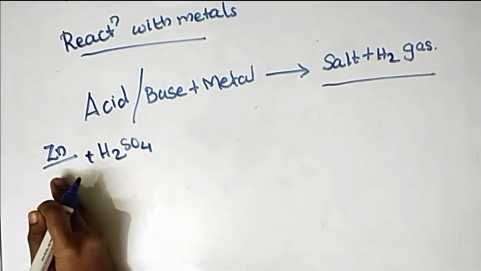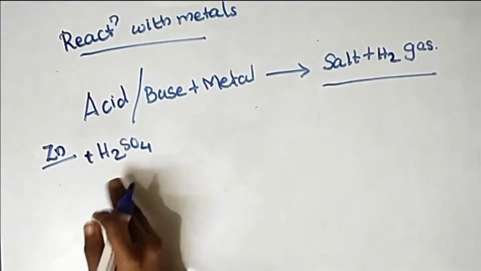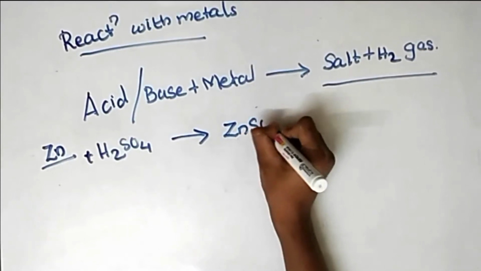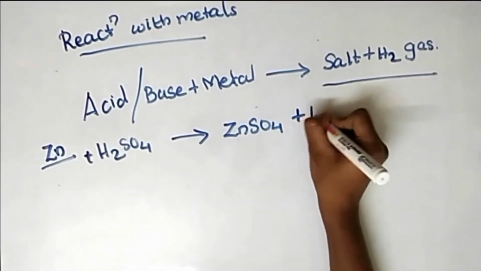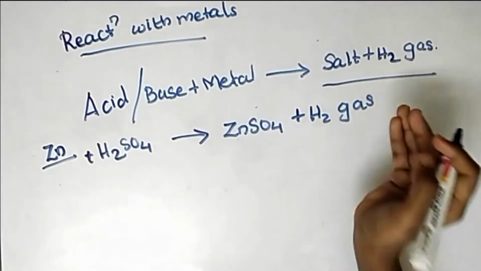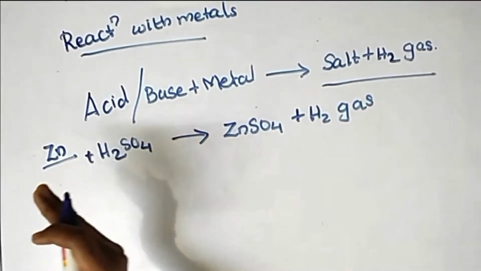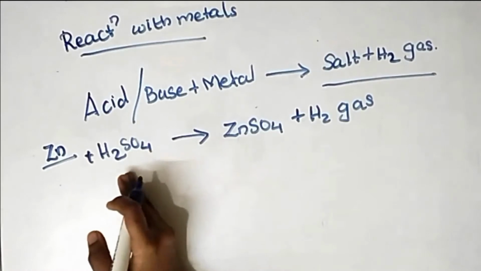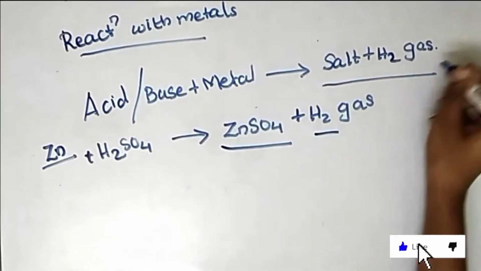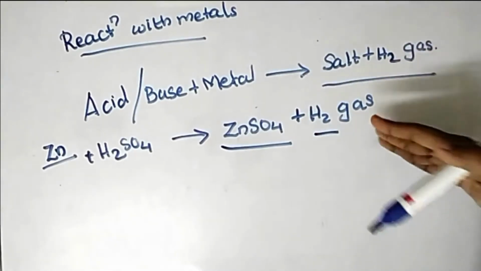When zinc metal reacts with H2SO4, zinc sulfate, ZnSO4, plus hydrogen gas, H2, is formed. So when a metal reacts with an acid, a salt, that is zinc sulfate, and hydrogen gas is formed.